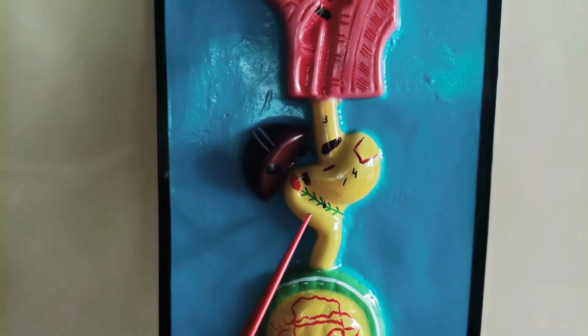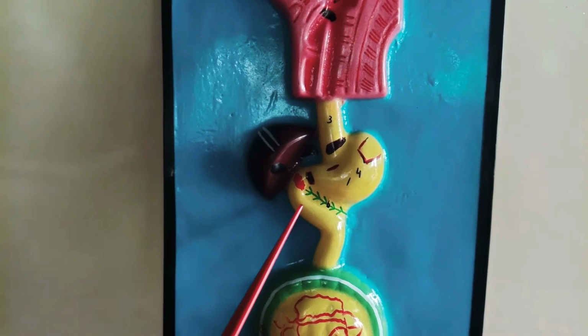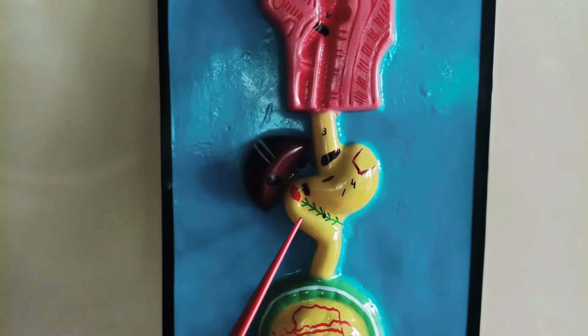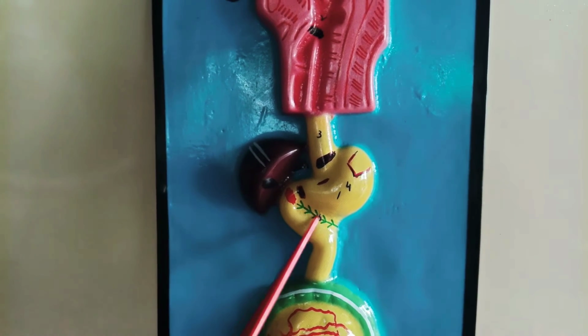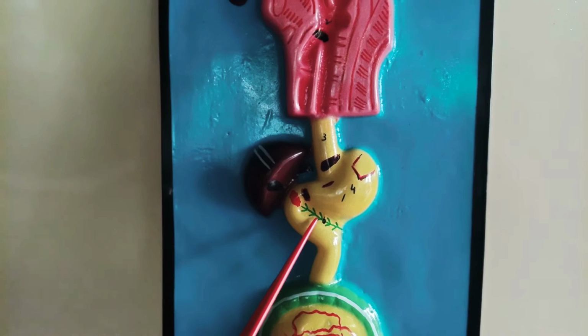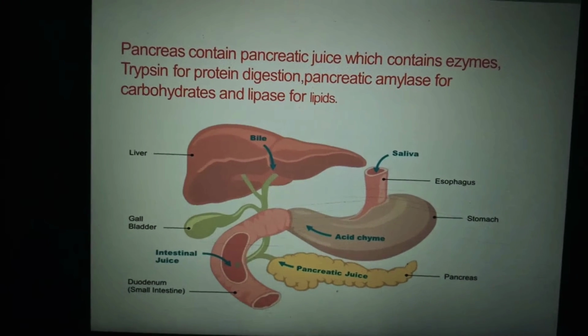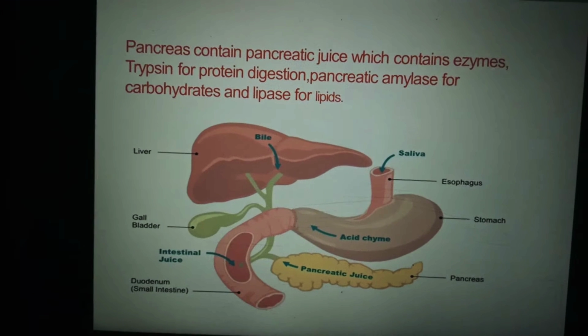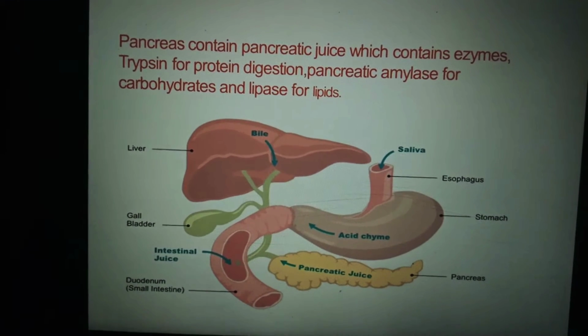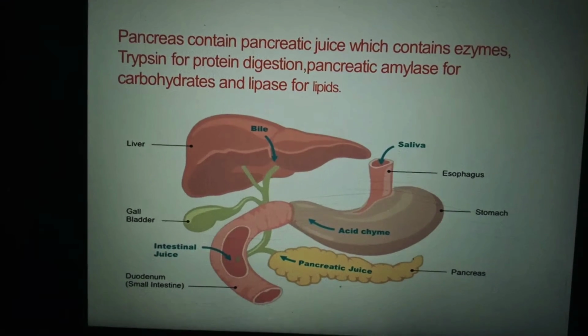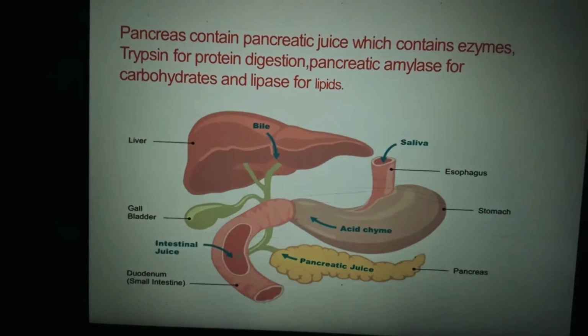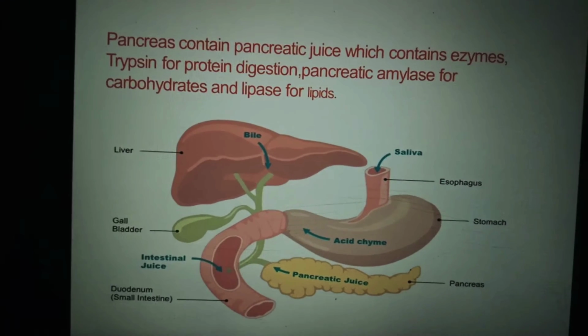The second one is pancreatic juice from the pancreas, which contains enzymes. The pancreatic juice contains the enzyme trypsin for protein digestion, pancreatic amylase for carbohydrates, and lipase for lipids.